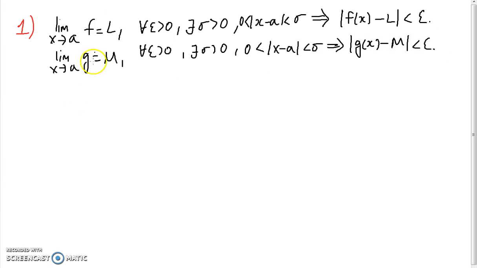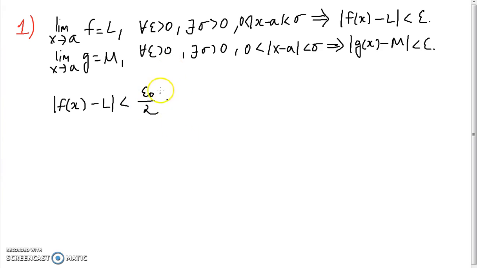Okay. So, therefore, suppose we pick some arbitrary value, let's call it epsilon 0. Okay, and let's say we want f of x to be a distance away from L less than epsilon 0 over 2.